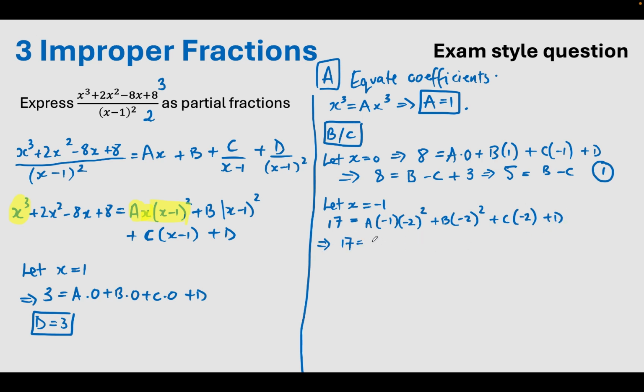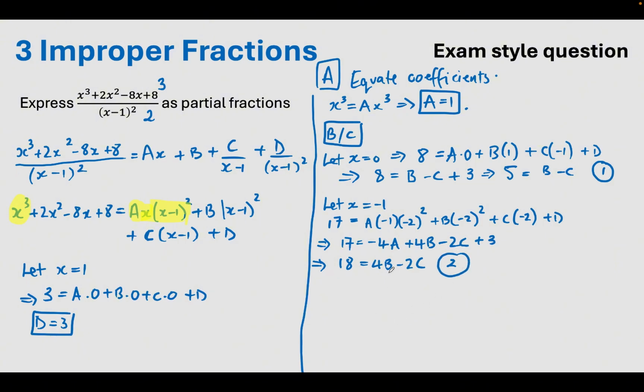I get 17 is minus 4A plus 4B minus 2C, and I know D is 3, so that's 3. Now, I also know that A is actually just 1. So I've got essentially minus 4 and 3 is minus 1. So if I bring this to the left-hand side, I get 18 is 4B minus 2C. Let's call that equation 2.